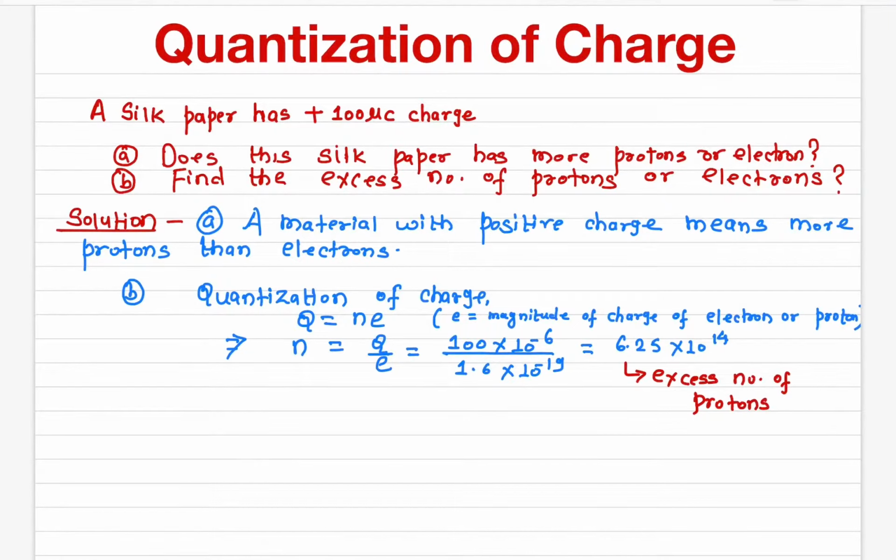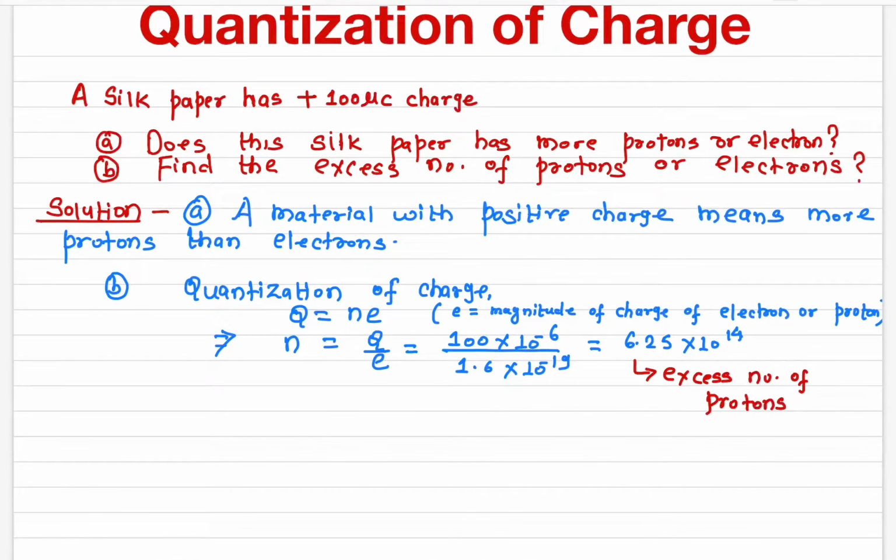Charge arises due to either an excess of electrons or a deficiency of electrons. And as electrons cannot be in fractions, neither can the charge. That means the charge is always an integral multiple of the charge of a proton or the charge of an electron.